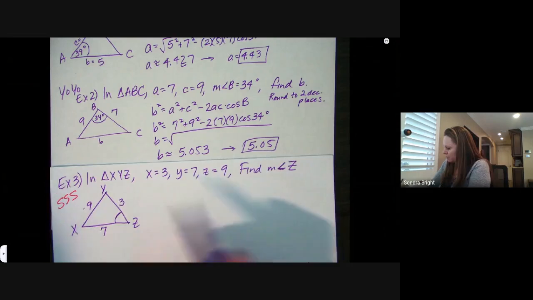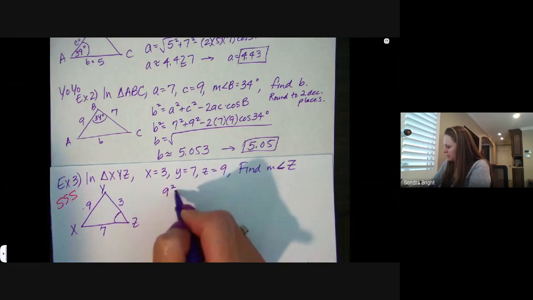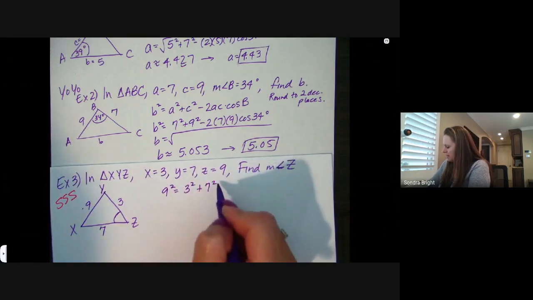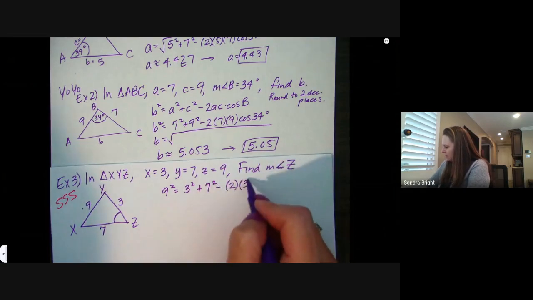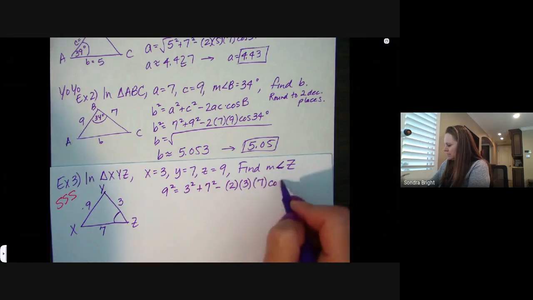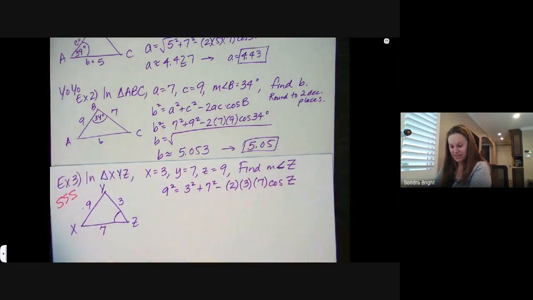All right, so that means we'd have z squared is equal to x squared plus y squared minus 2 times x times y times the cosine of angle z. But that's the one we're trying to solve for now, right?